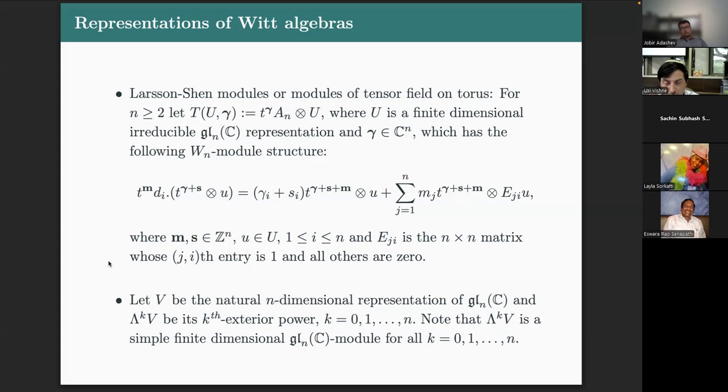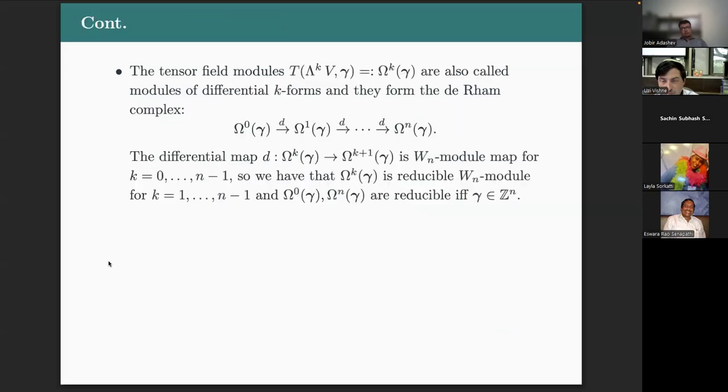If you take T(U, gamma) and replace U by these exterior powers, you would see that they are geometrically very nice, as they indeed form a de Rham complex. They have these nice differential maps, which are W_n module maps, but be aware that they are not A_n module maps, it's a W_n module map where A_n is the Laurent ring.